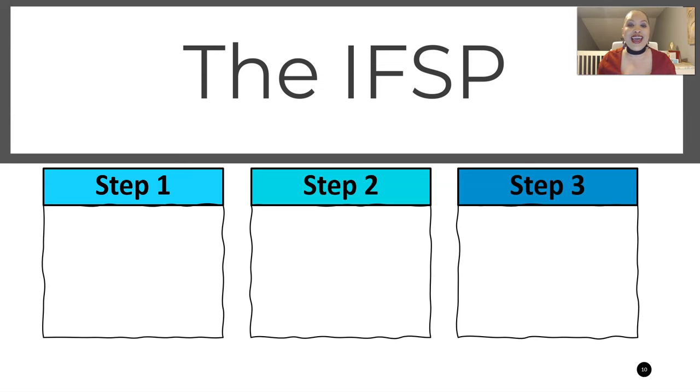These professionals come together to create a plan for a child that is an infant or toddler with a disability. And that team lays out the outcomes for that child, what they would like to achieve, the supports that are needed for that child to achieve those outcomes, how much support is needed, and where the support will be delivered. All right. So that gives you a little background on the IFSP.